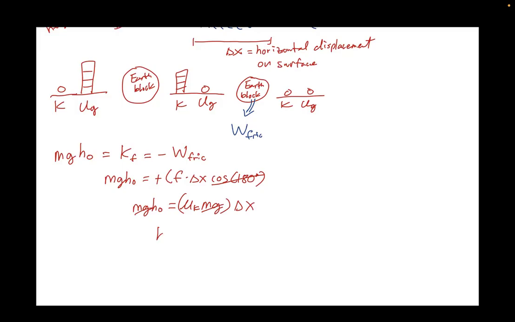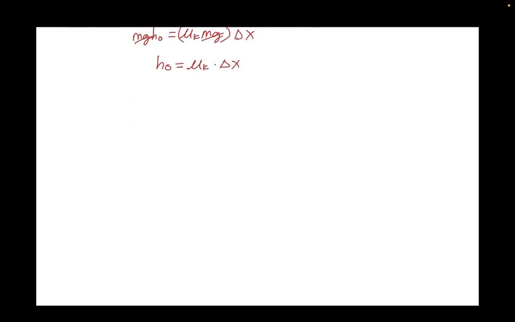Those will cancel, and h, the initial height, should equal the coefficient of kinetic friction times the horizontal displacement.